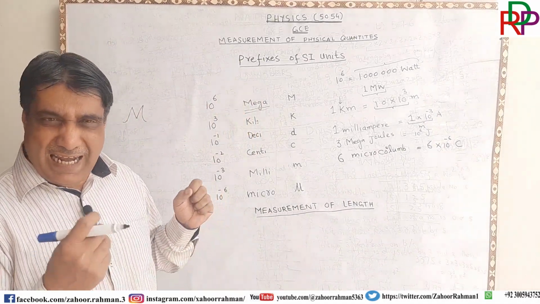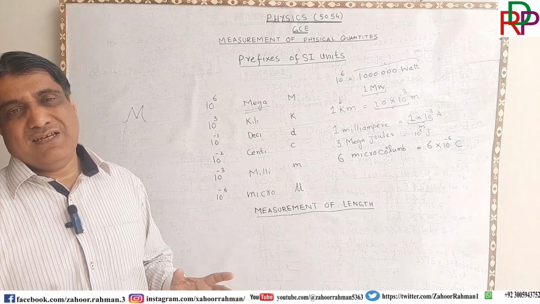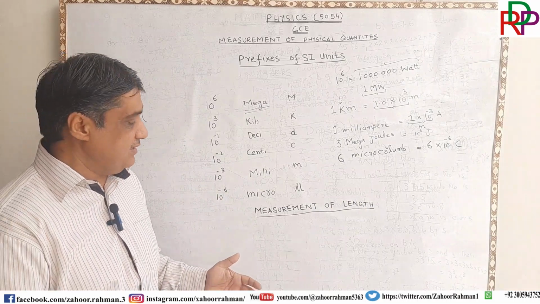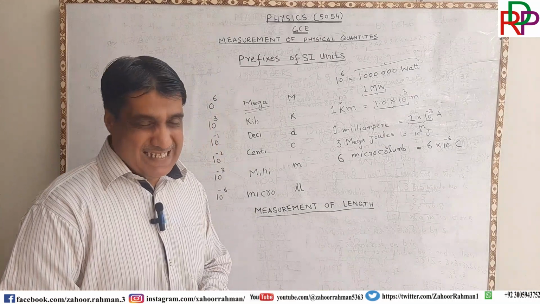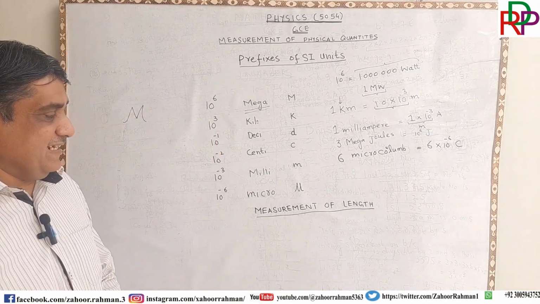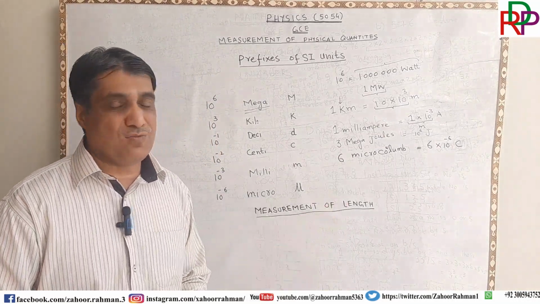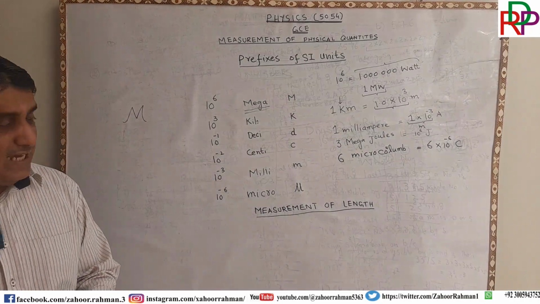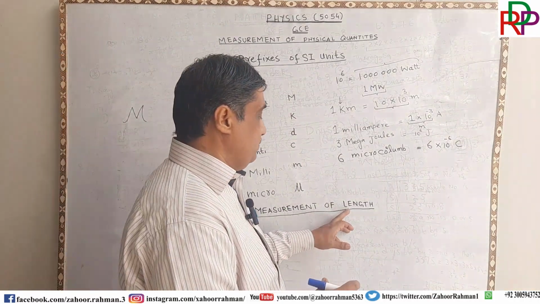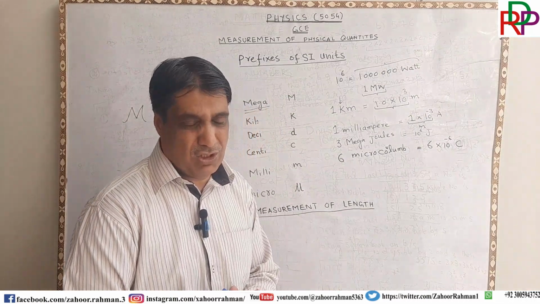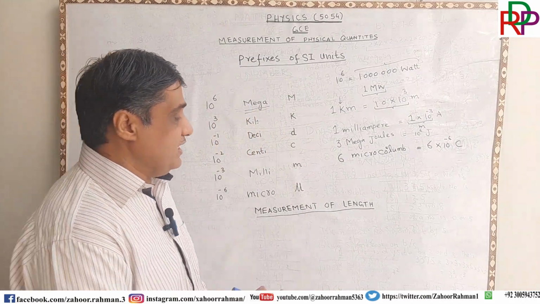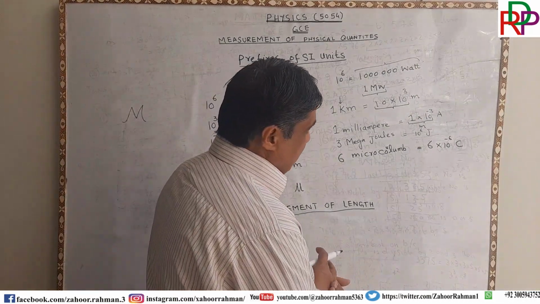The overall length covered by a body is called distance. We will discuss that in greater detail, but because the word length was coming in that, I described it for you in advance.